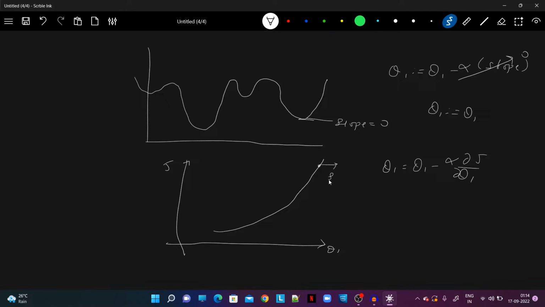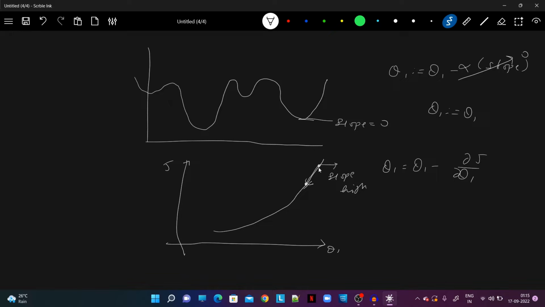Here the slope is high, and let us not even consider the learning rate. Here your slope is high, this value would be high, and thus theta 1 will get reduced by a larger value. And suppose after getting reduced, it moves to here. Here again we follow the iteration.